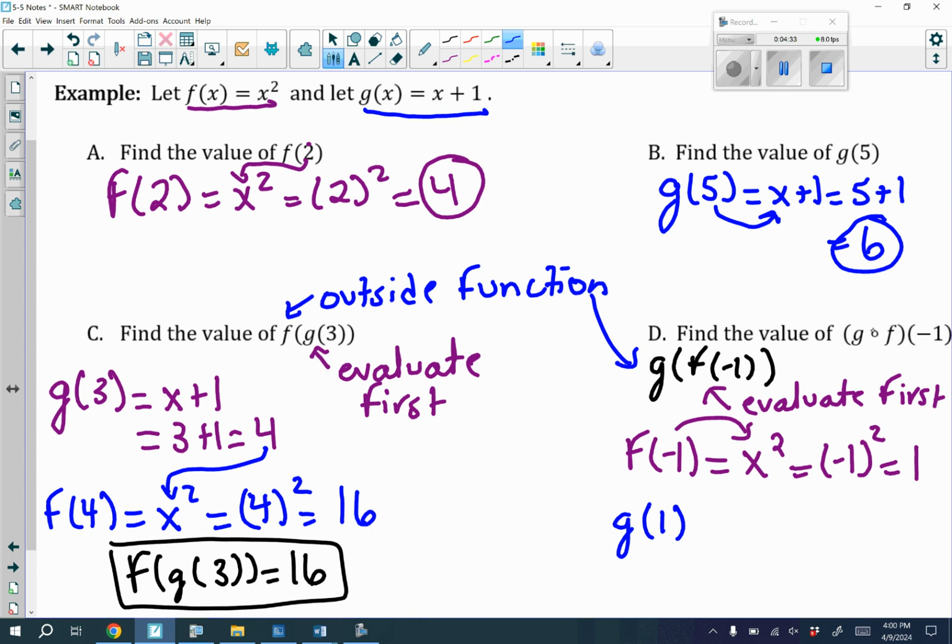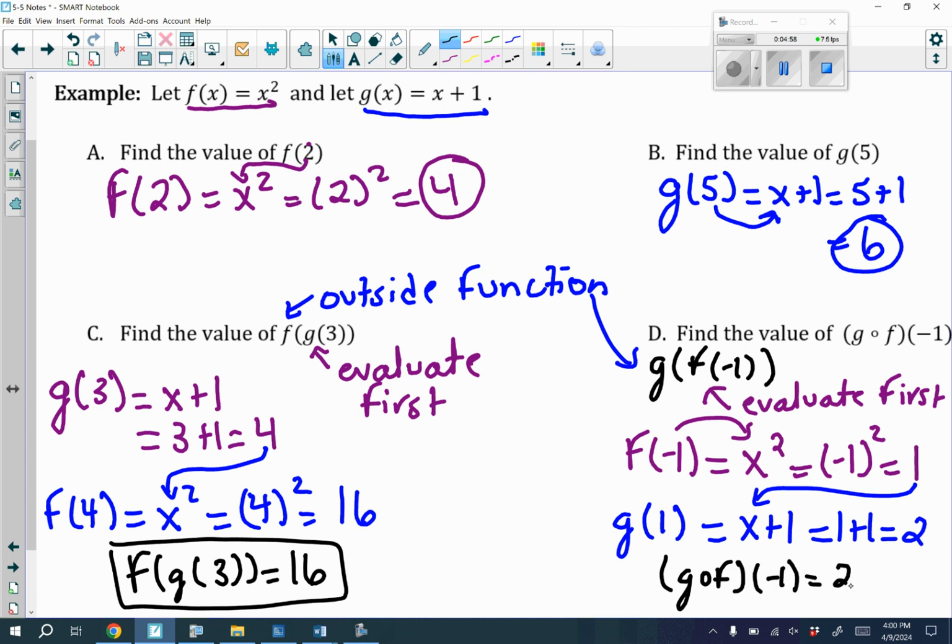So this is saying g of f. So now, g of 1, I'm going to plug 1 into my x plus 1. And so when I do that, I get 1 plus 1, which gives me 2. So my answer here, when I have g of f of -1, is 2.